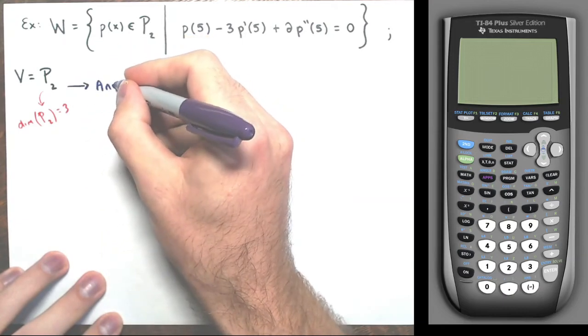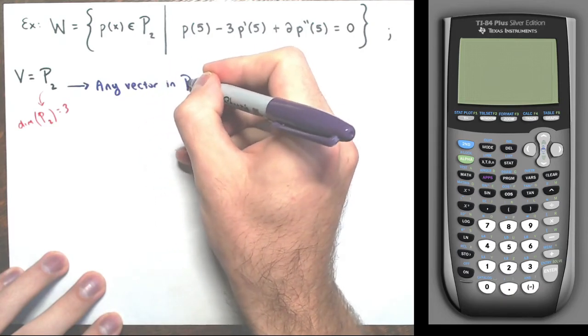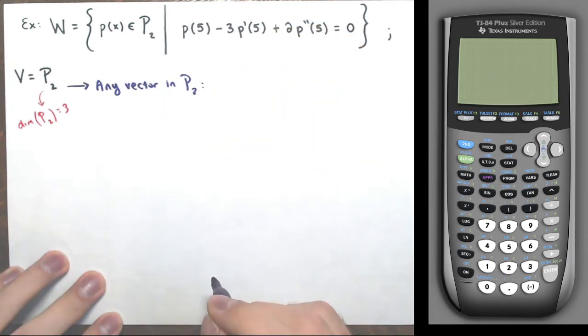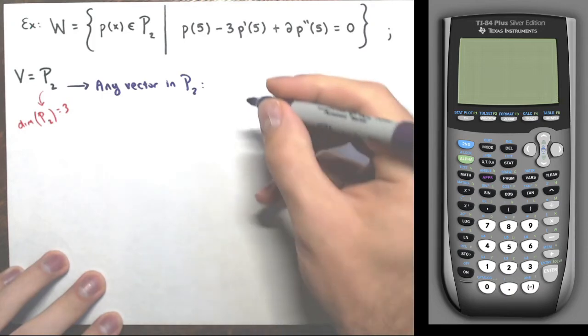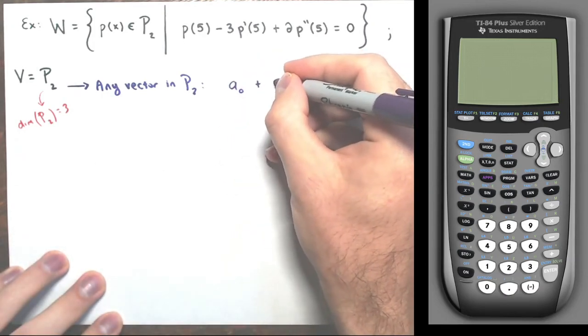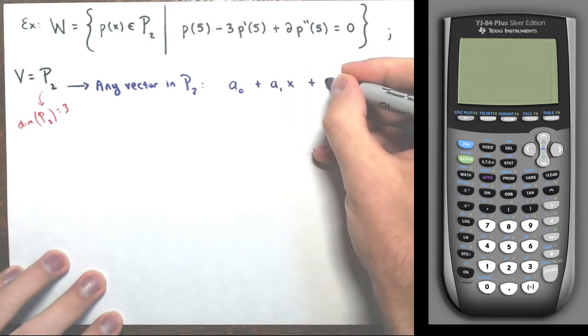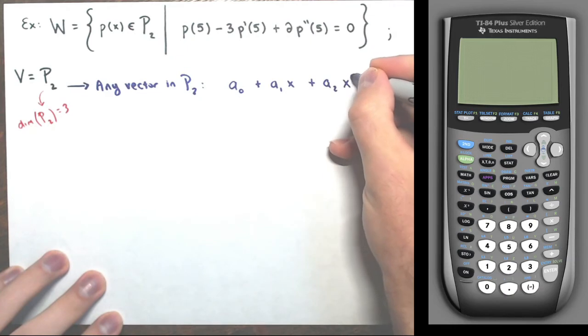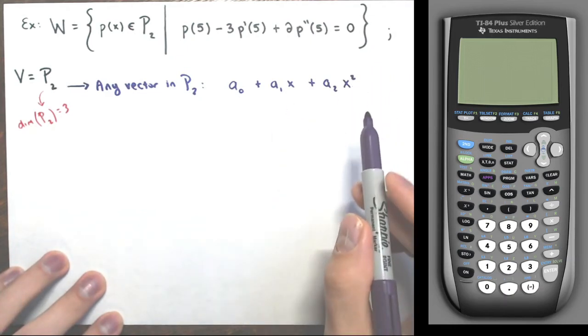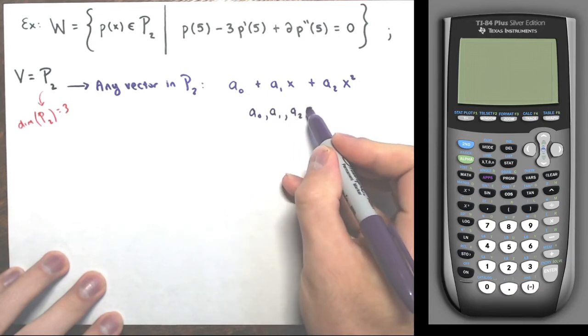Okay, so just as I've been doing with all these examples, look at P2. So what does any vector in P2 look like? Well, it's a polynomial of degree 2 or less. So I've got a0 for some constant term plus a1 times x for some linear term plus a2 times x squared for the degree 2 term, and that's it. Where a0, a1, we'll just say these are real coefficients, okay?